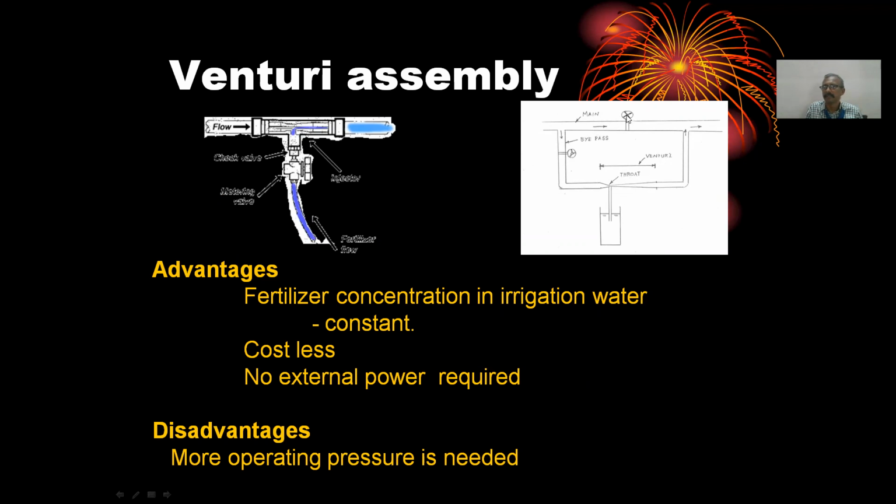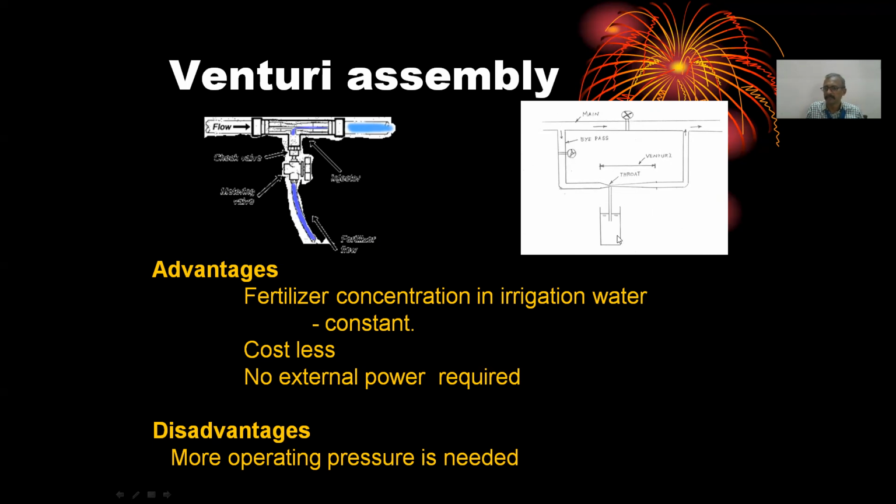In the main pipe you have a valve, and in the bypass also you have a valve. If the main valve is partially closed and the bypass is opened, you will get water supply through the bypass. Water goes through the narrow section, and as we have already discussed, the pressure at the narrow section will drop. If the pressure drops lower than atmospheric pressure, there is a tendency for the atmosphere to push in.